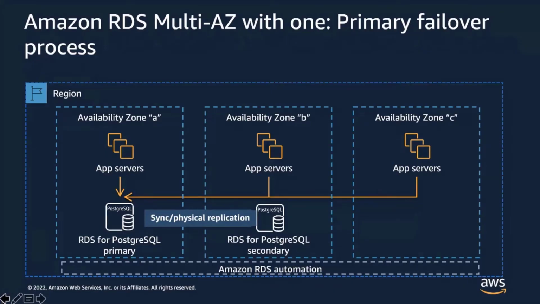Now let's talk about when there is a failure of the primary. When there is a failure of the primary, it's a little bit more elaborate. So when there is a failure, RDS detects that failure and then stops the replication between the primary and the secondary.